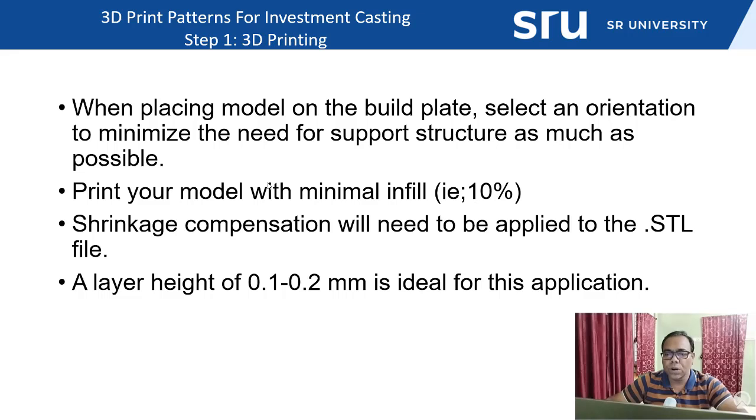Similarly, print your model with minimum infill density. The benefit of additive manufacturing is that you can print your material with less than 10% infill density also, and shrinkage compensation needs to be applied to the STL file itself.